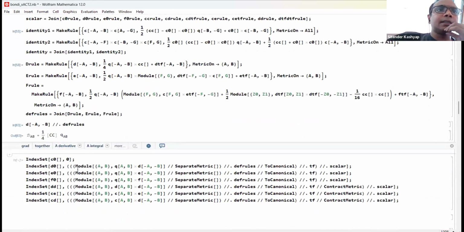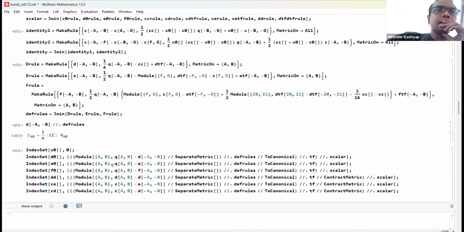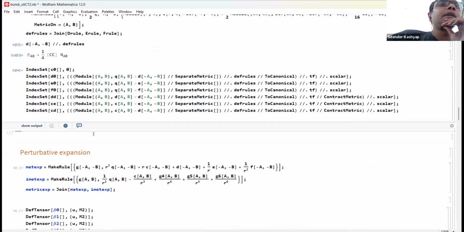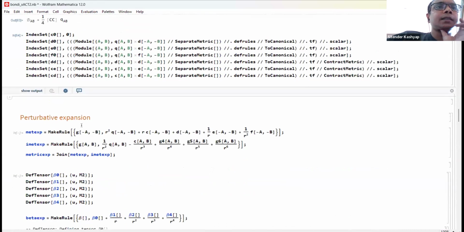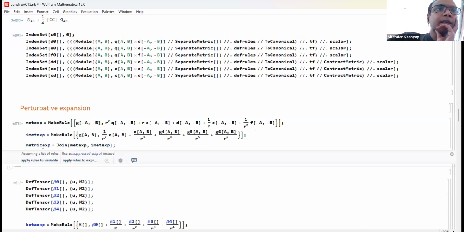And then there is this index set. What it does is it takes some quantity and sets it to a certain quantity, okay? So there are some definitions which the scalars will be equal to, and I have quoted them here. Now comes the main part. Here we make a rule for expanding the metric and the inverse metric, and together I call them metric expansion, full metric expansion.